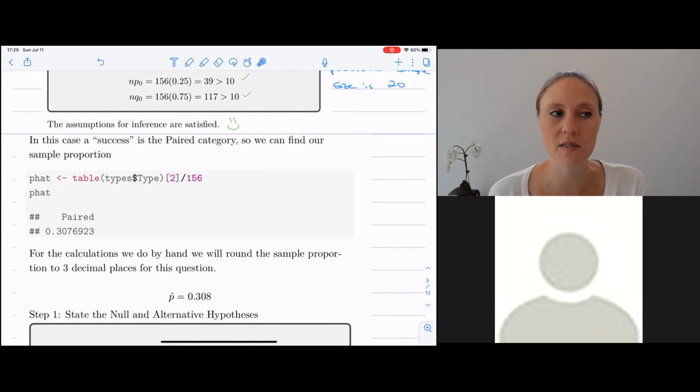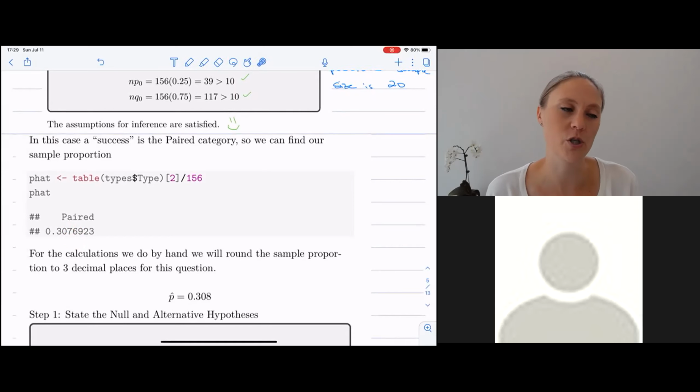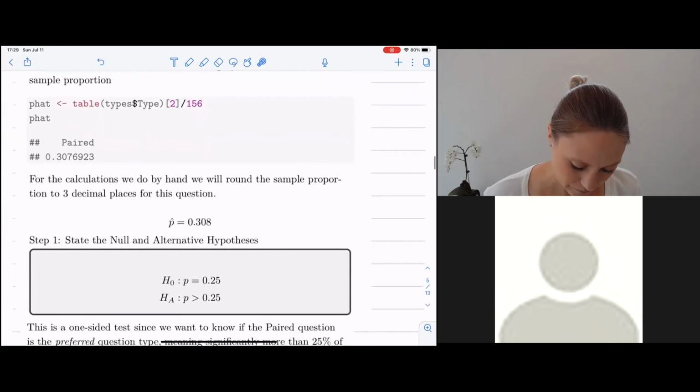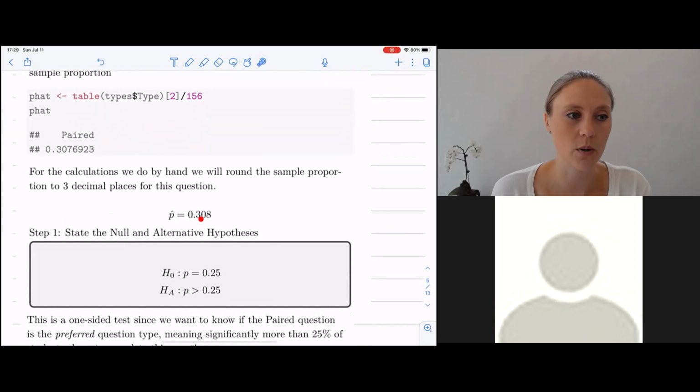You don't want to do less than 3, because bumping this up to 0.31 is not a good idea. You lose too much information. But if I go to 0.308, I feel like I've captured enough of that information. So I'm going to use my sample proportion of 0.308.